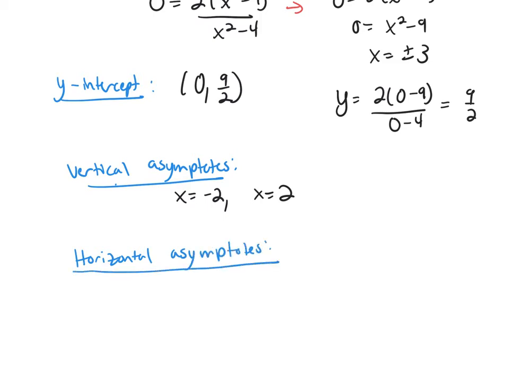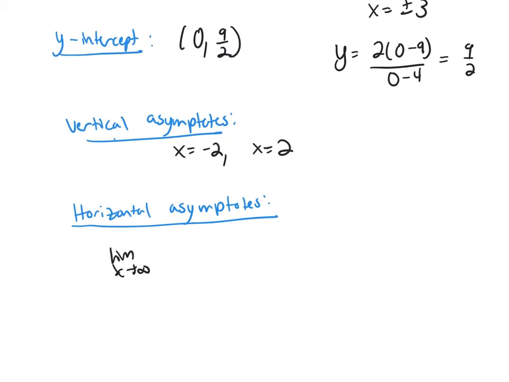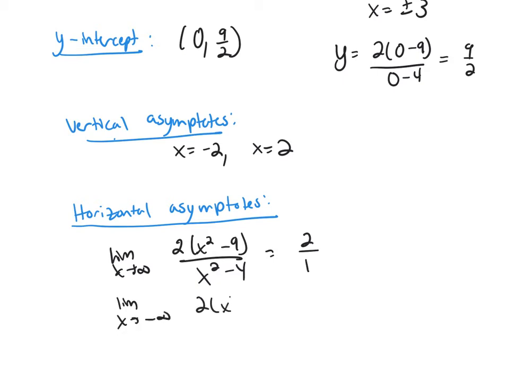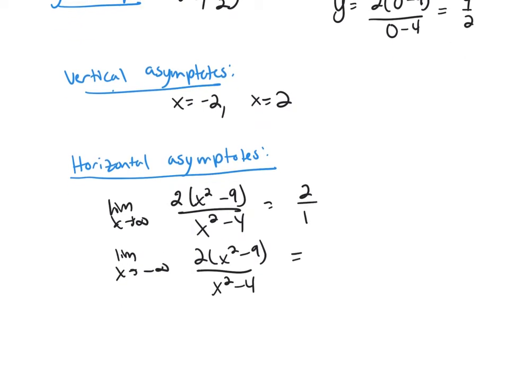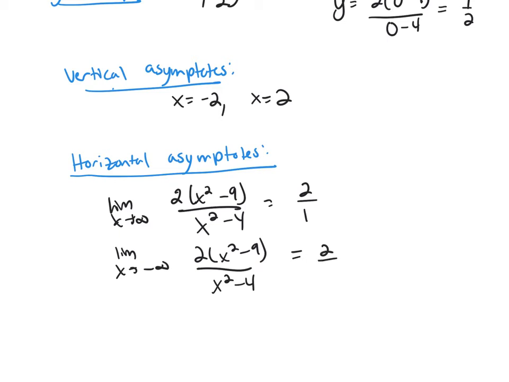So if I take the limit as x goes to infinity of my function, 2x squared minus 9 over x squared minus 4, the degrees are the same in the numerator and denominator, so the limit will be the ratio of the coefficients. It's 2. The same thing if you take the limit as x goes to negative infinity. It's 2. So my only horizontal asymptote is y equals 2.